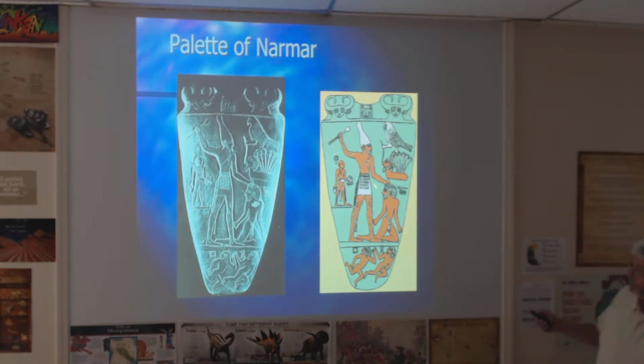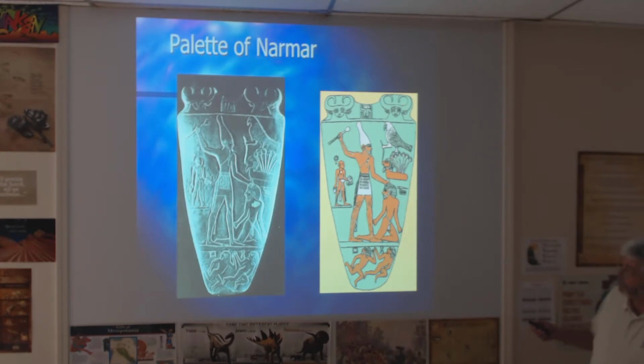What's going on here? Can you not tell what's happening here? Yeah, and this is Narmer or Menes, and what's he doing? He's got a club here. He's got this guy by the hair, and he's going to club him. All right.